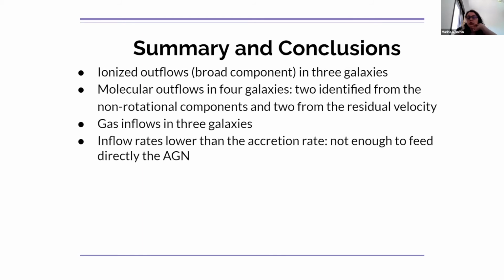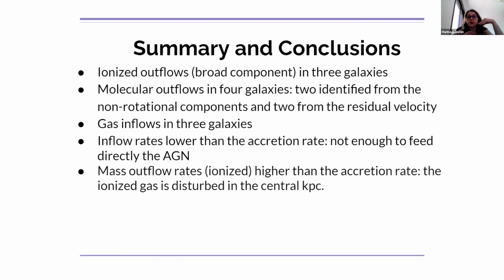But one important thing is these inflow rates we measure are lower than the accretion rate at the current AGN luminosity. So they are not enough to feed the AGN. And the mass outflow rates measured from the ionized gas, because from the molecular gas, they are very, very small.